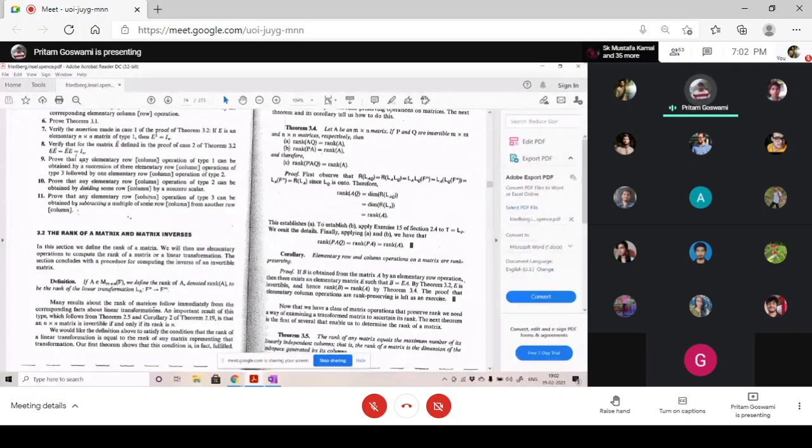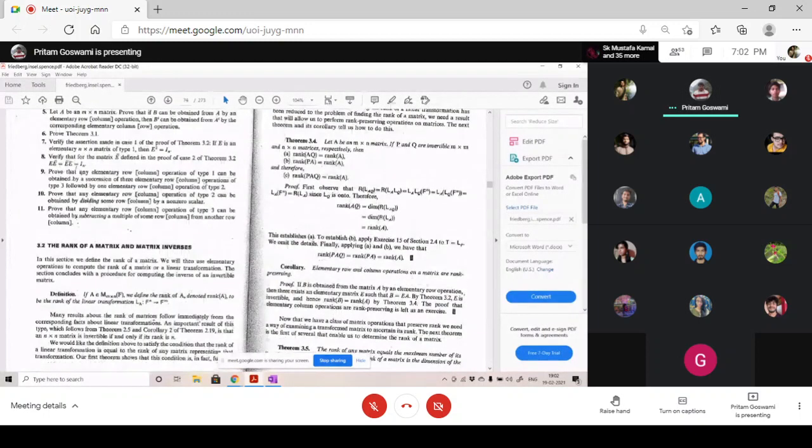Another thing is this theorem. This theorem tells that if P and Q are invertible matrices, and if you multiply a matrix A by Q from the right side, then the rank of AQ is always equal to the rank of A.